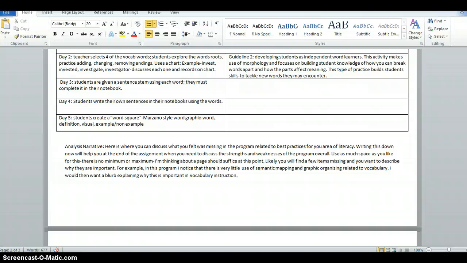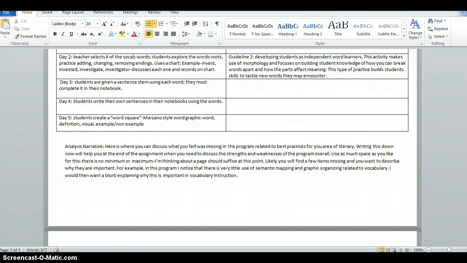Writing this down now on the template, at the end of the template, is going to help you, because when we put it all together in a couple of weeks, you're going to need to write more in narrative form, the discussion of the strengths and the weaknesses of the overall program. There's no minimum or maximum for this narrative for this week, but I'm thinking about a page should do it.